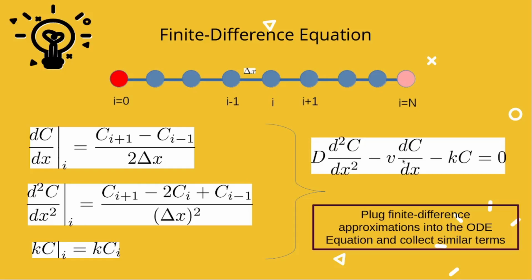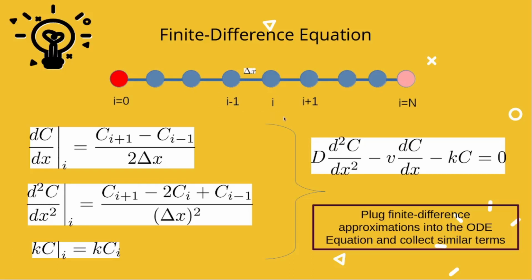This will eventually become one equation which will have an i minus 1 term, an i term, and an i plus 1 term. And I can move this stencil of i minus 1, i, and i plus 1 starting from this point. I already know the concentration here. So I will start here, and then I'll have these three terms. Then I move the stencil here, then I move here, and so on and so forth.